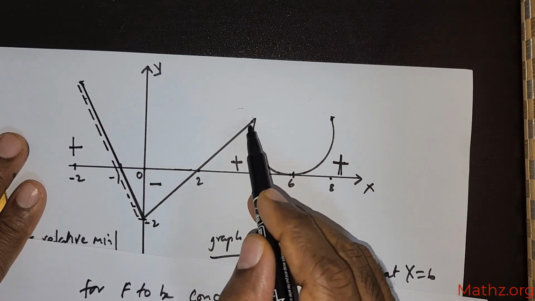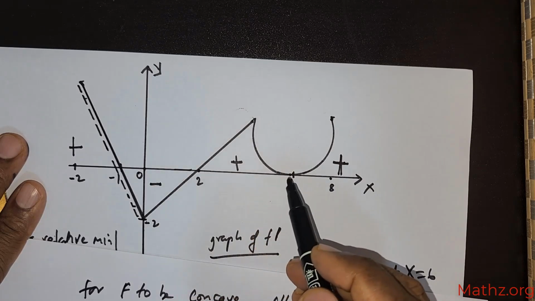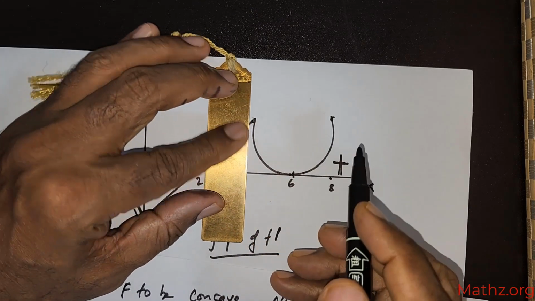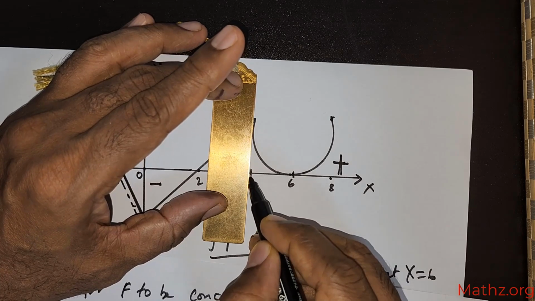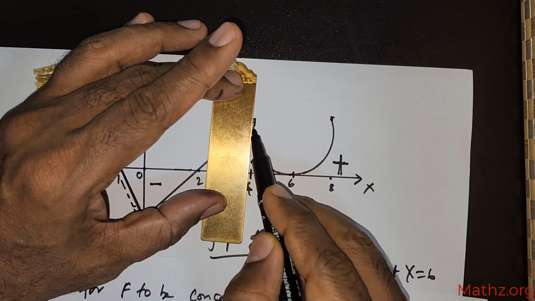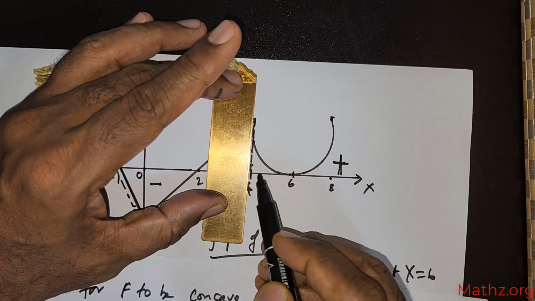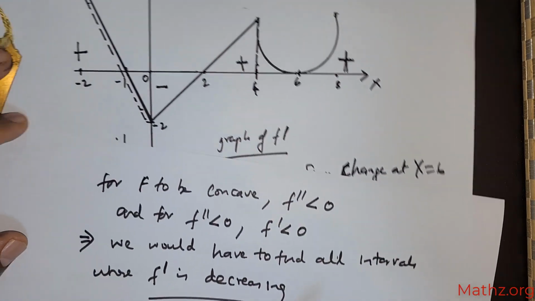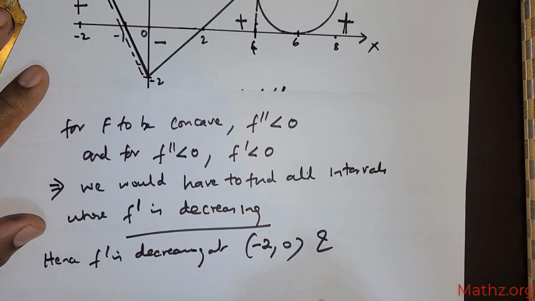But we have to check where again it is decreasing. Now this particular point is actually 4 units. So you see over here the function is actually decreasing, it's coming down to 6. So between 4 and 6 it is decreasing, and then again it increases.